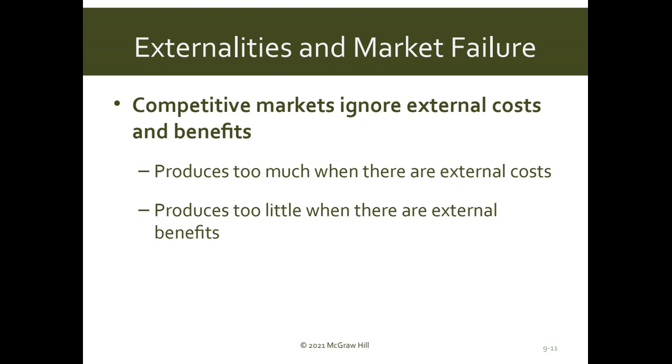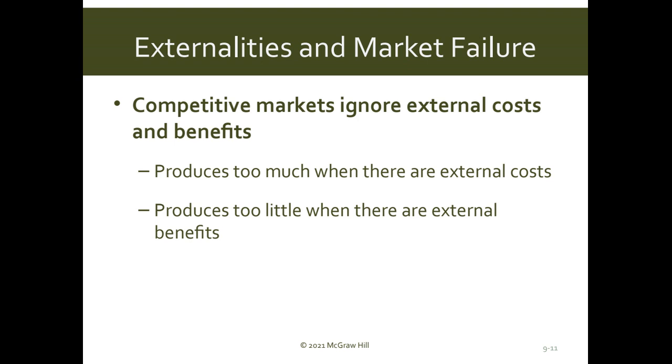It produces too little when there are external benefits. Why are they producing less? Because producers and also consumers are not including these external benefits. Producers don't care about external benefits that other people enjoy from that product, although they are not direct consumers. In that case, the production will be too little and should have been increased.